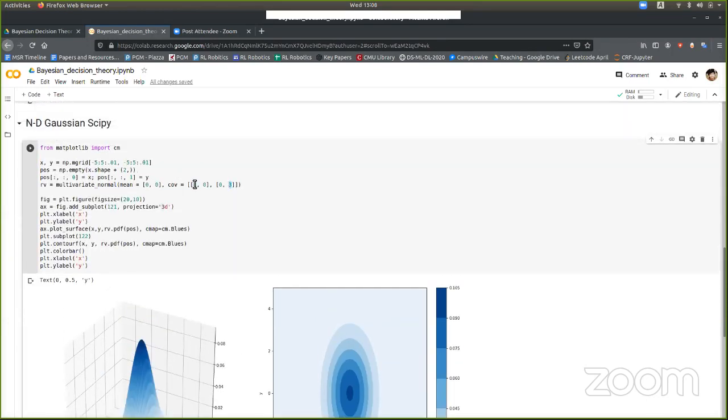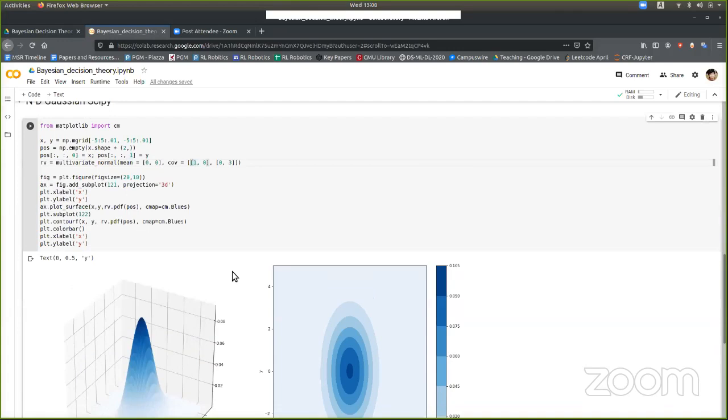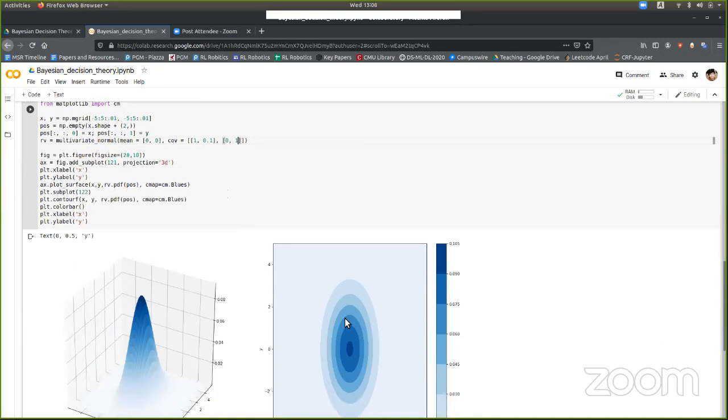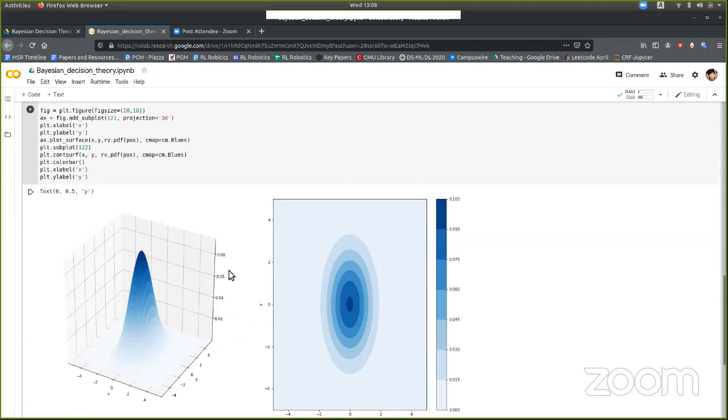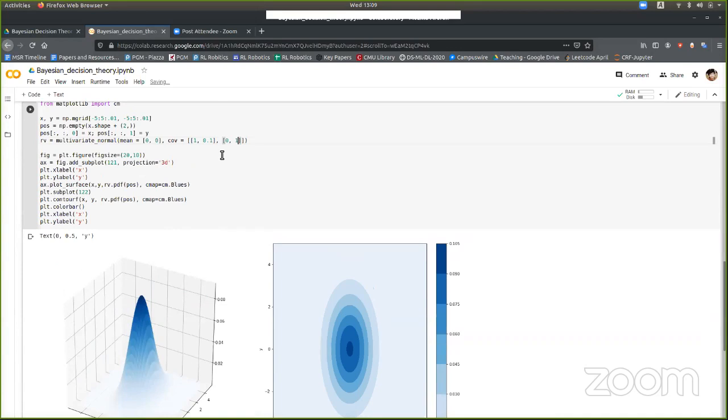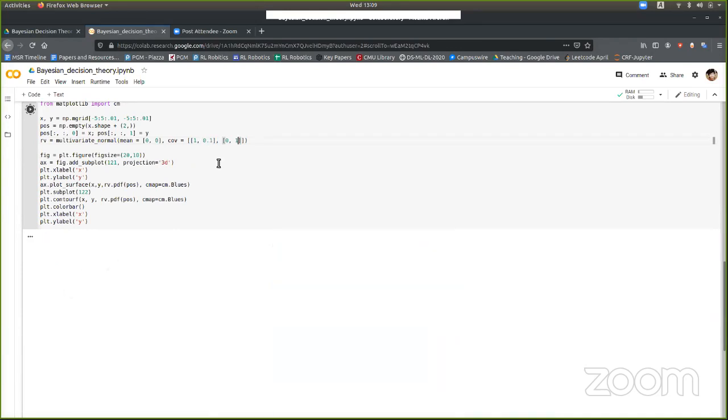You can also make the plots not be axis aligned. What I mean is this: earlier we were only considering diagonal covariance matrices. If you use a diagonal covariance matrix, you will get ellipses in the contour plot which are axis aligned. But if you want to rotate this ellipse, you can add values to the non-diagonal elements.